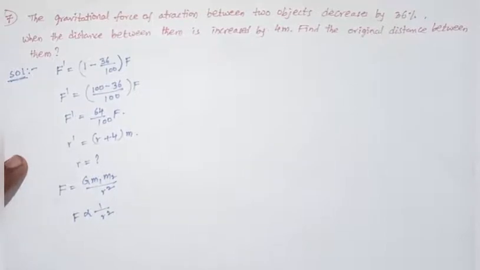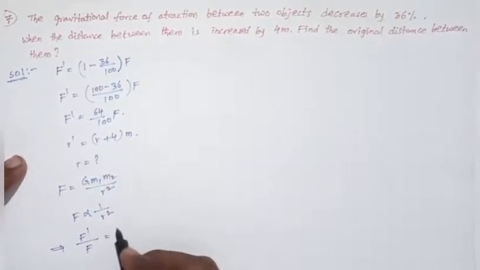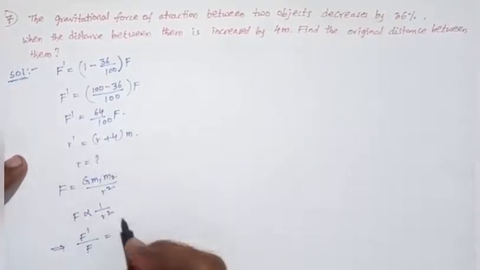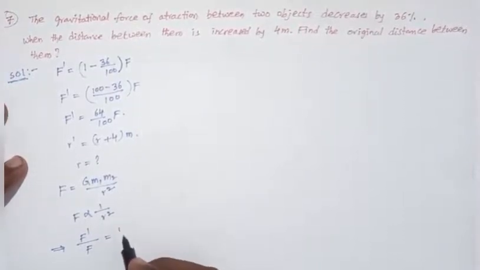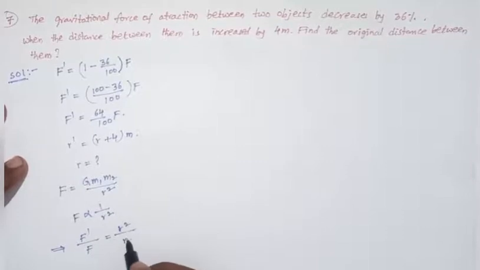From this equation we can write F dash by F equals r square by r dash square.